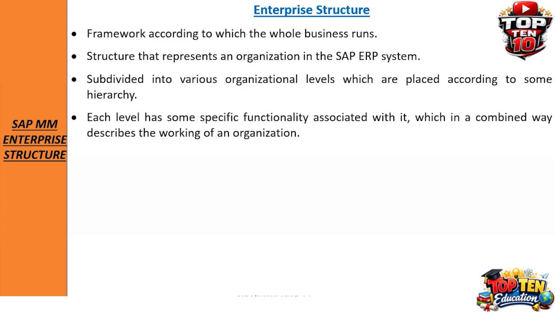So an enterprise structure is nothing but a framework. It is one kind of framework of all the organizational units according to which the whole business runs. We can take one example. There is a pharmaceutical company. There are many sub-organizational units such as the production unit, the sales and marketing unit, and third, the procurement unit, quality and procurement unit.